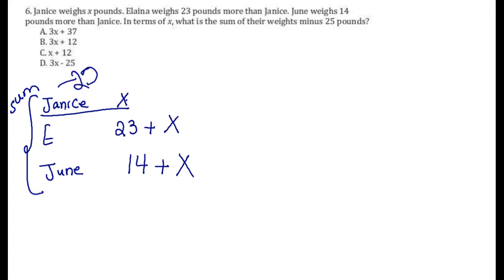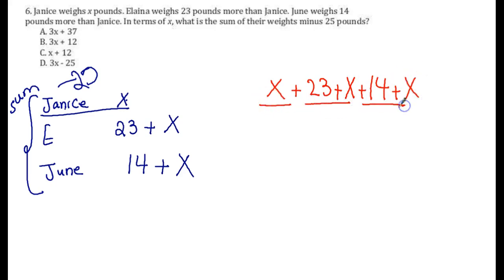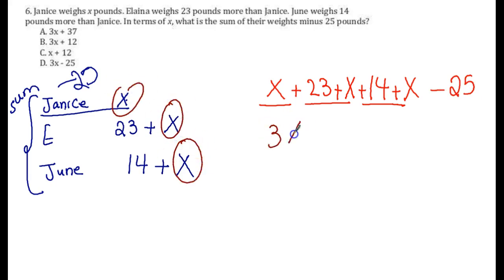So basically, sum means add. So we're going to add everything. We say, okay, Janice is X, plus 23 plus X, plus 14 plus X. So I'm just adding all the 3 weights minus 25. Okay, X, 2X, 3X. So we have 3X.